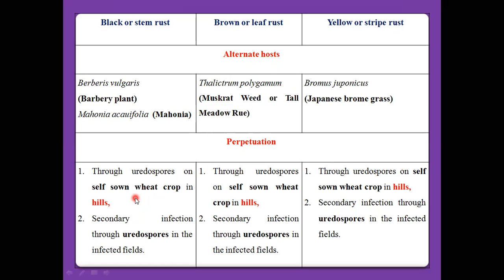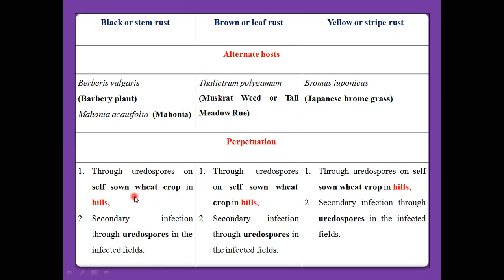Then in the next season, the wheat crop is generally sown in the month of October to November, and these spores generally survive on the alternate host.